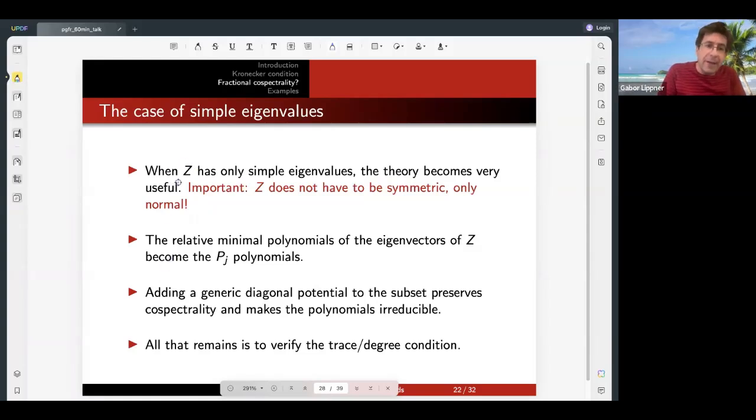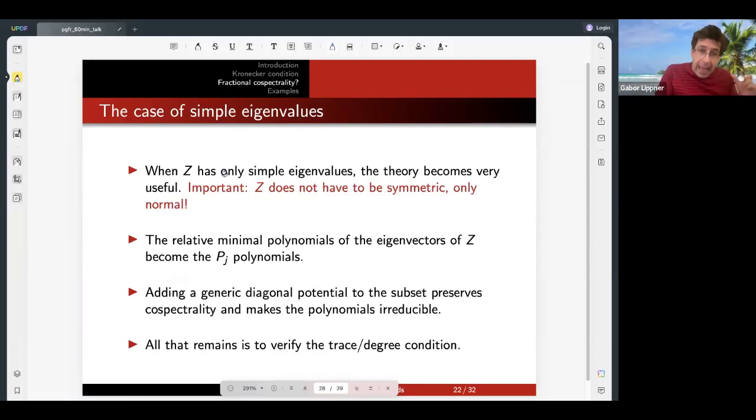And then if I can find a Z matrix that has this Z cospectrality, and it happens to have only simple eigenvalues, then the whole thing becomes really nice. So the goal is always for us to find a Z matrix that has Z cospectrality on the subset, and this Z matrix has only simple eigenvalues.